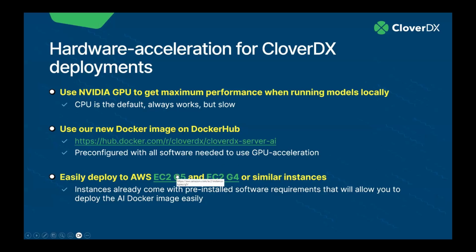If you run an instance of these, they even already have Docker installed. So you just do a Docker pull and put the repository there, and it will install everything for you, and you will have an instance that allows you to work with machine learning with GPU acceleration. So this is the easiest way of testing that. But of course, if you'd like, you can deploy this anywhere else with the hardware if it has the NVIDIA GPU, or you can even install manually, just like it's always possible with Clover.